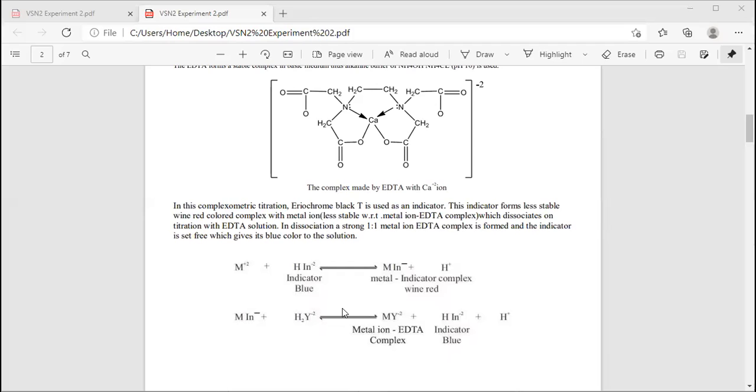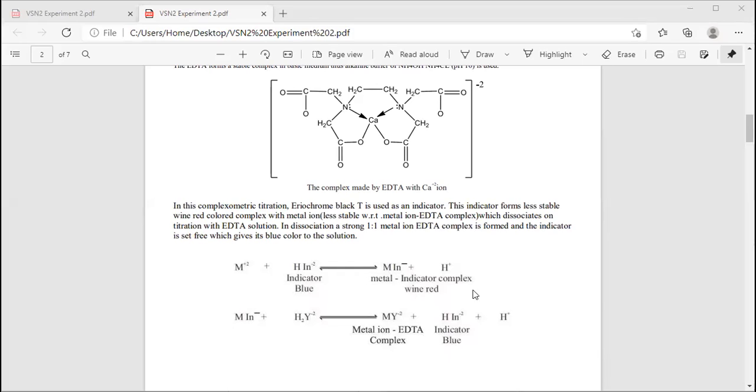It is thrown out during the titration. It is sky blue when it is prepared. So the end point of the titration is wine red to sky blue. Wine red is due to formation of metal ion indicator complex, and sky blue is due to the recovery of indicator, because metal ion EDTA complexes are colorless.